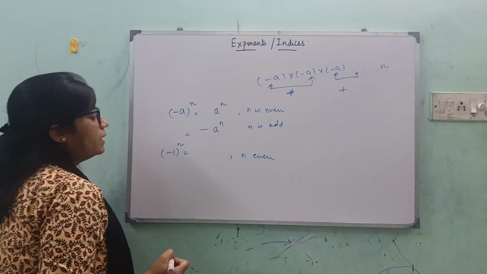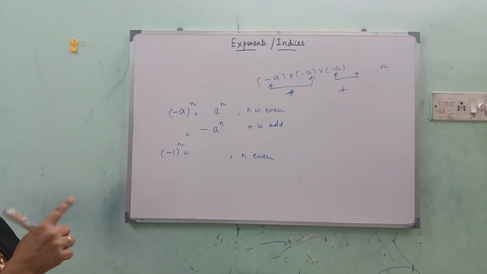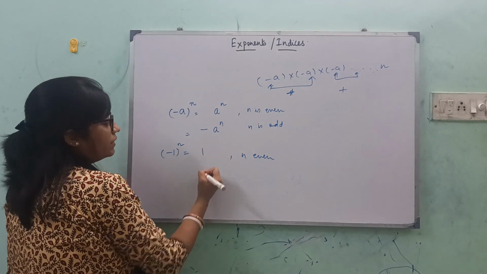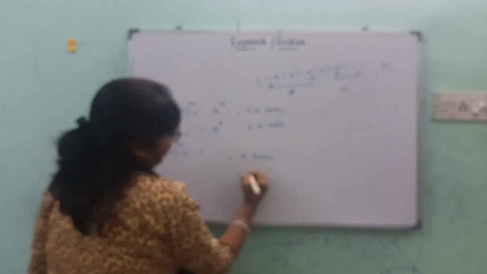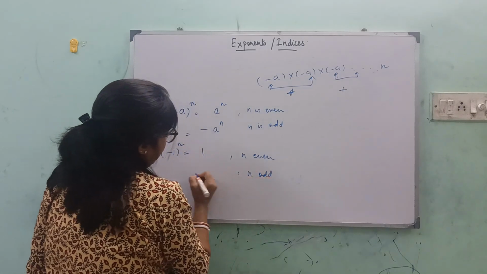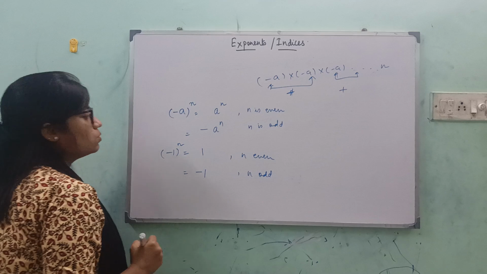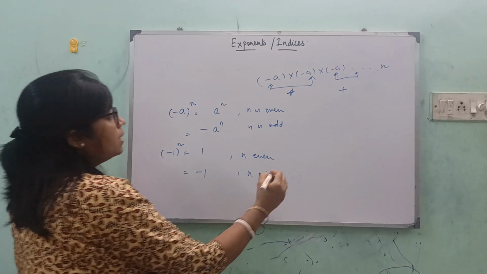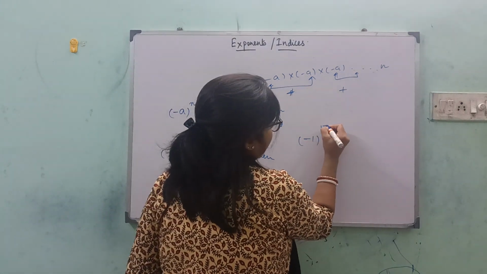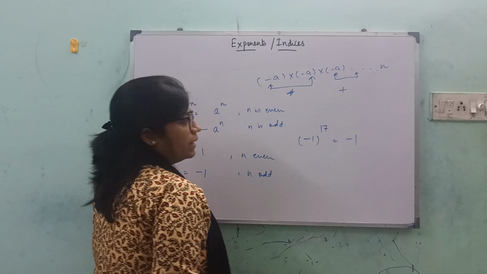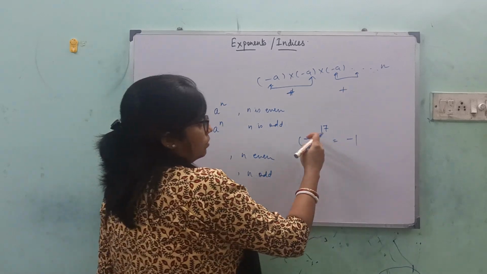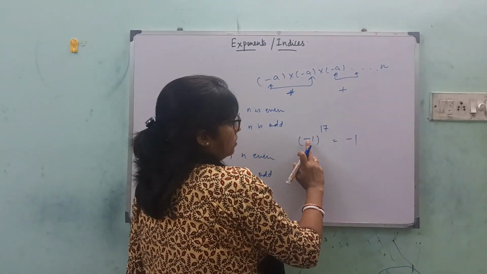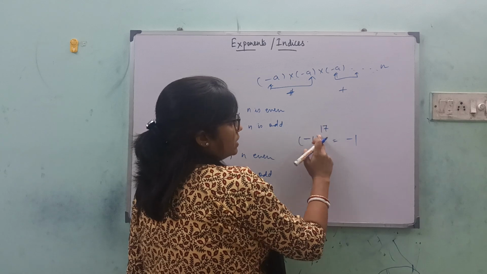Minus 1 multiplied n number of times, and n being an even number, your answer will always be 1. And for n odd, your answer will always be minus 1. Alright, this is a very important concept. So if I say minus 1 to the power 17, the answer is minus 1. You need not multiply and see. Minus 1, power is odd.